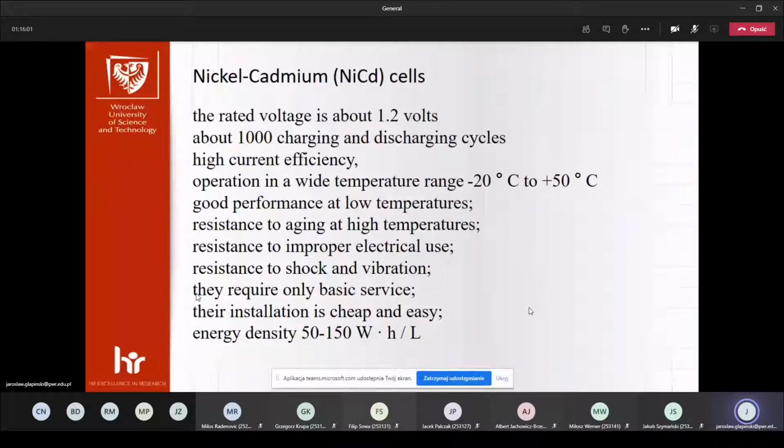And the installation is cheap, and generally it is a cheap accumulator, and we can store a density of power about 50 to 150 watt-hours per liter or per kilogram. Okay, never mind, per liter of the accumulator. Yes.